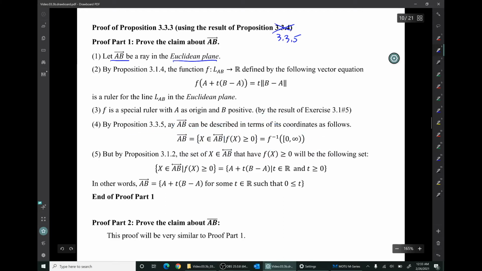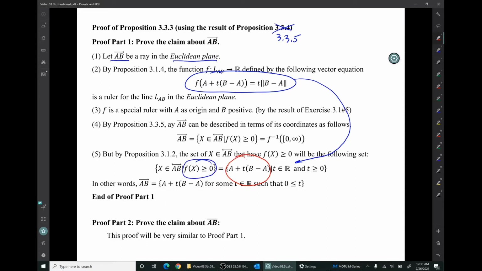Well, in our situation, our coordinate function is this. So we can use that coordinate function, and the points whose coordinate will be greater than or equal to 0 will be the points on that line, that is the points corresponding to vectors constructed that way, with the property that their parameter t is greater than or equal to 0.